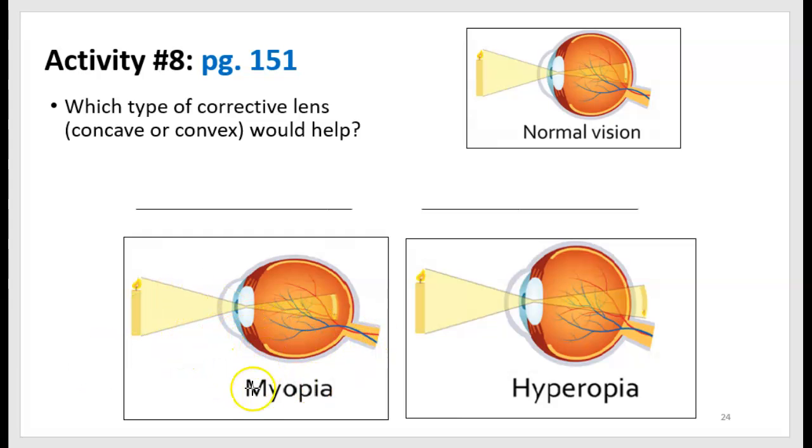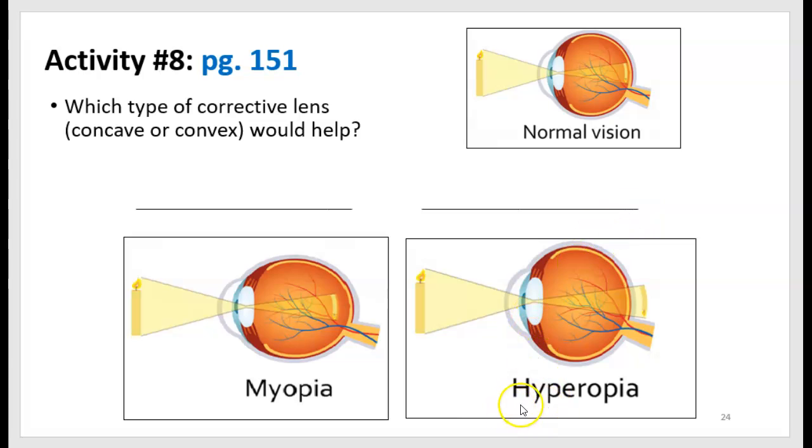So how do we fix myopia? What type of lens would help? The answer would be concave. Okay, that writing isn't going to work, but you get the idea.